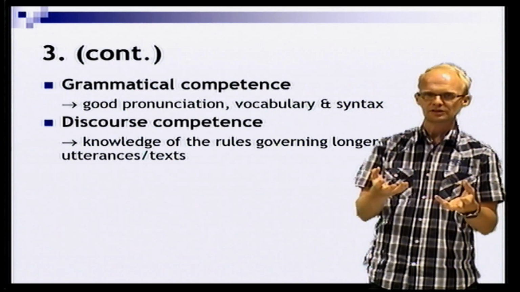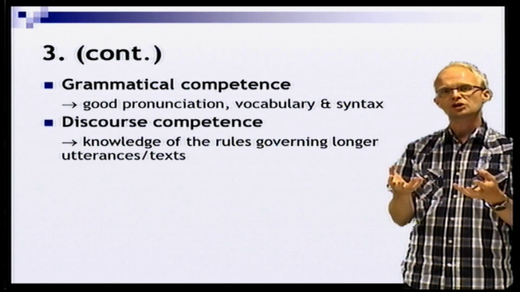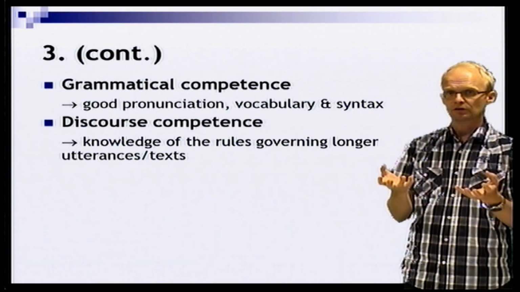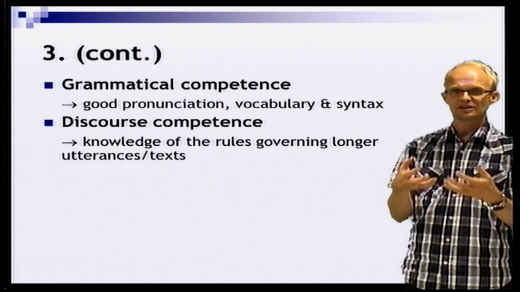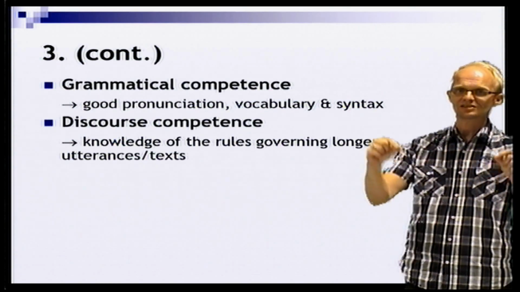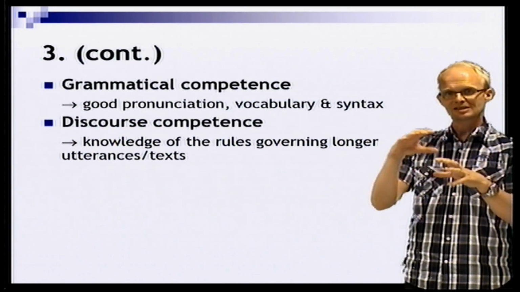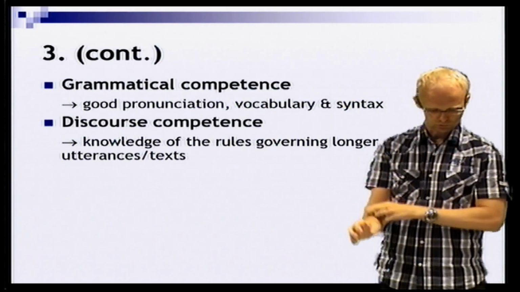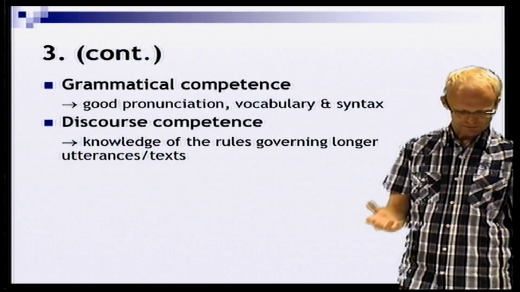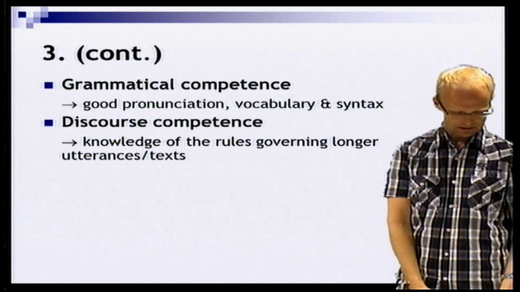One particular example can be the use of the word however, or moreover, or nevertheless. These are words that connect sentences together, and sentences should be connected together in a logical way. And we'll get back to this in a later lecture.